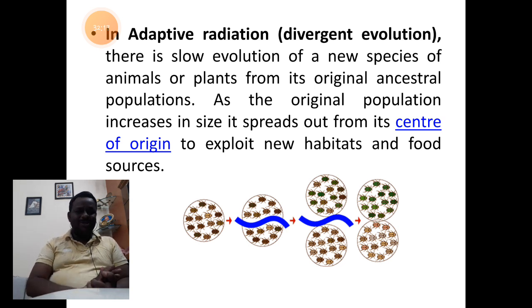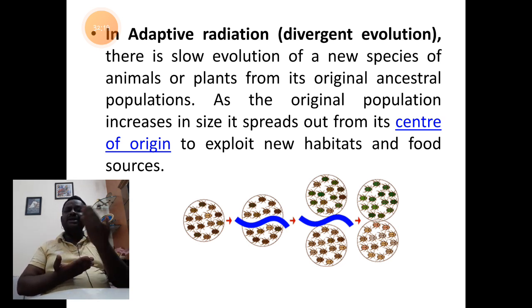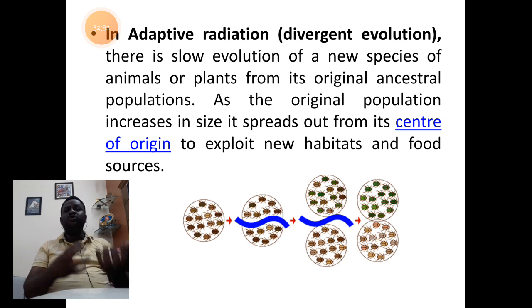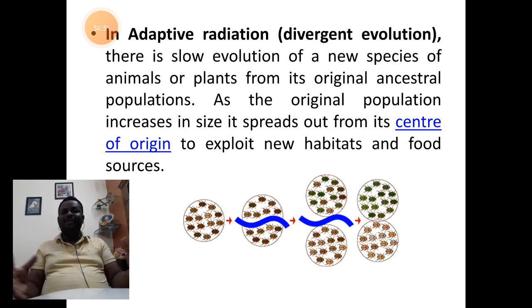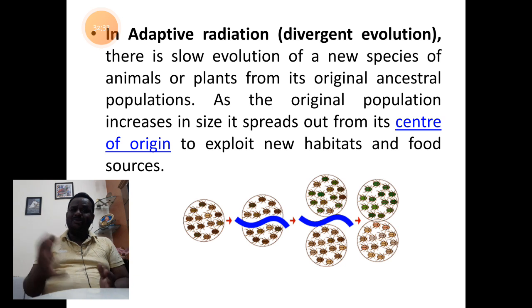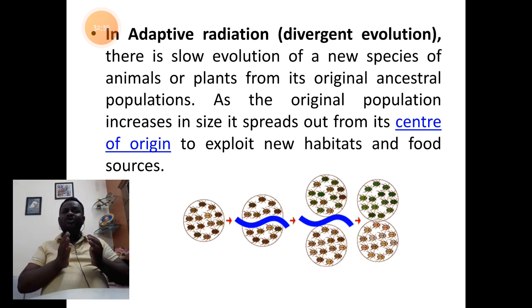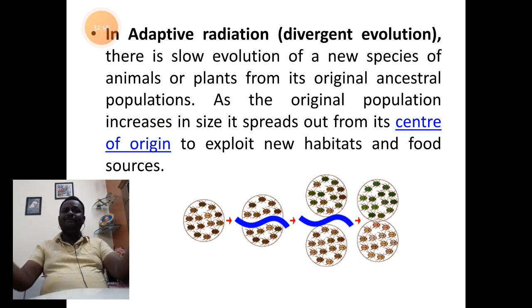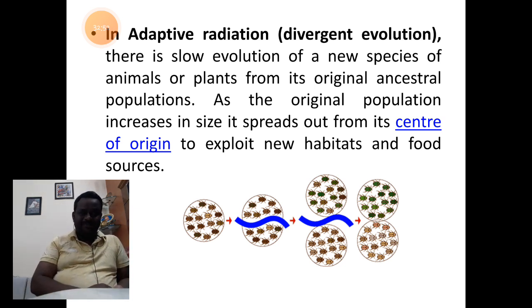Just now we have understood adaptive radiation forms totally different types of species of organisms in the environment. It is due to genetic changes in the organisms to suit or fit itself to the newer environment to which it gets exposed. So what's happening to the evolution process when new species are getting formed from the original stock? The original stock is forming many subspecies. We call that evolution divergent evolution.